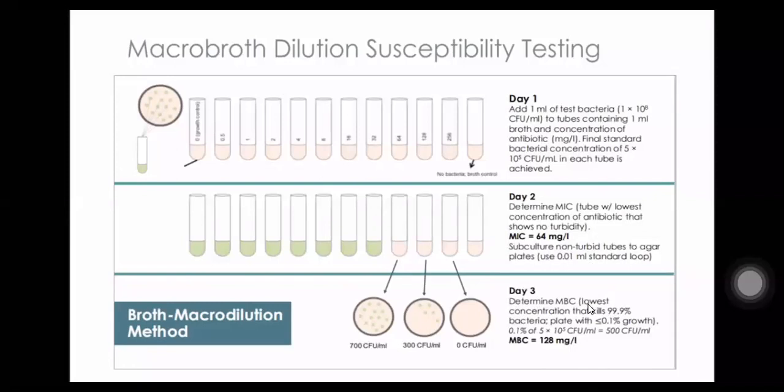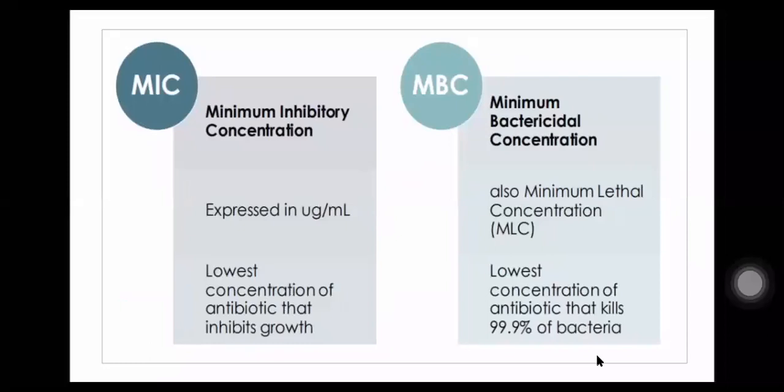So, what is the minimum concentration of our antibiotic that is able to kill the microorganism? Our MBC is 128 milligrams per liter, using the macro broth dilution susceptibility testing.